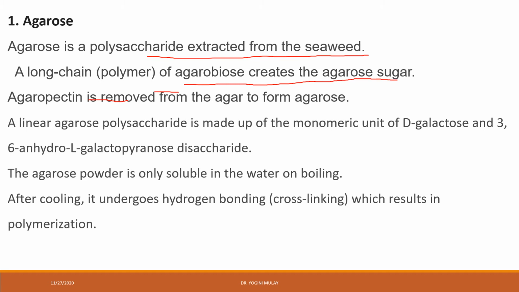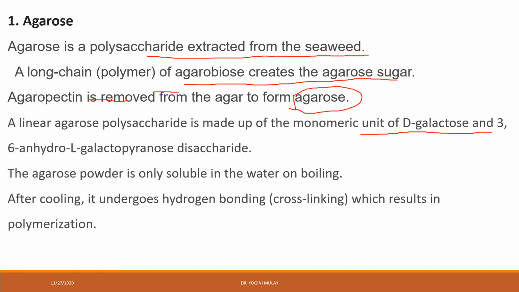Okay, means what about the agar which we use in our lab for the solidification of medium? If we remove the agaropectin from that agar, then what we get is known as agarose. Okay, and this agarose is made up of a chain of D-galactose and 3,6-anhydro-L-galactopyranose disaccharide. It is made up of this disaccharide.